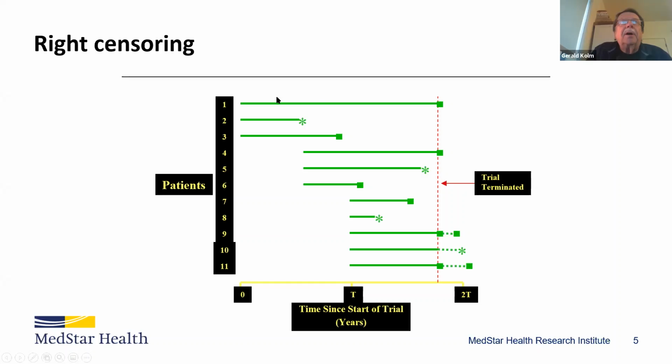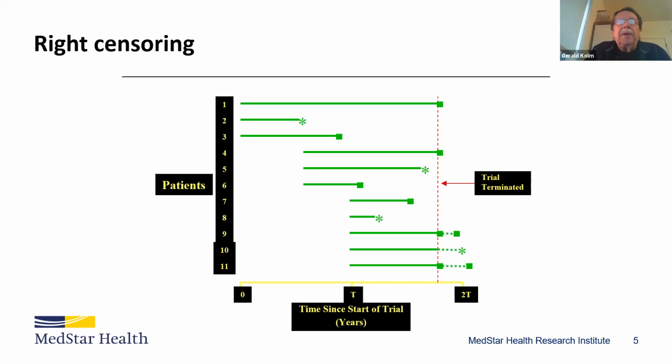Patient number 1 here starts at the beginning of the trial and is observed throughout the entire length of the trial without any event occurring. So in that case, that patient is right censored. The second patient starts at the beginning of the trial and is followed for a certain amount of time and then experiences the event.